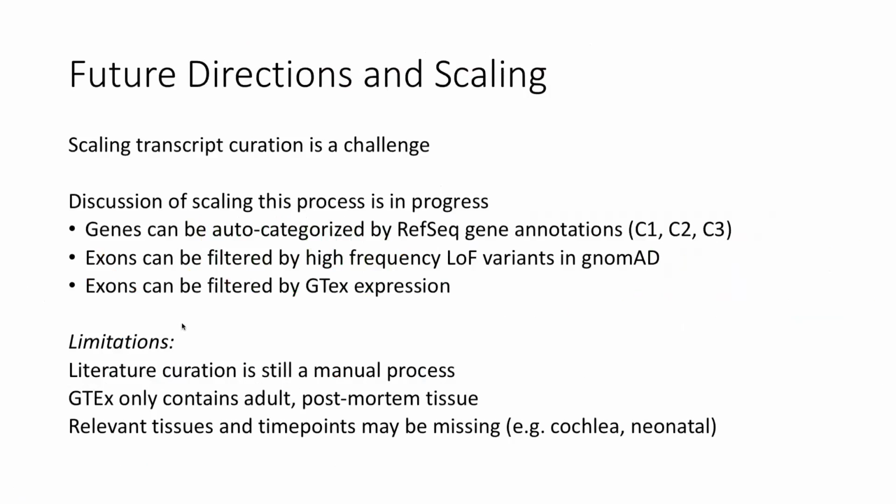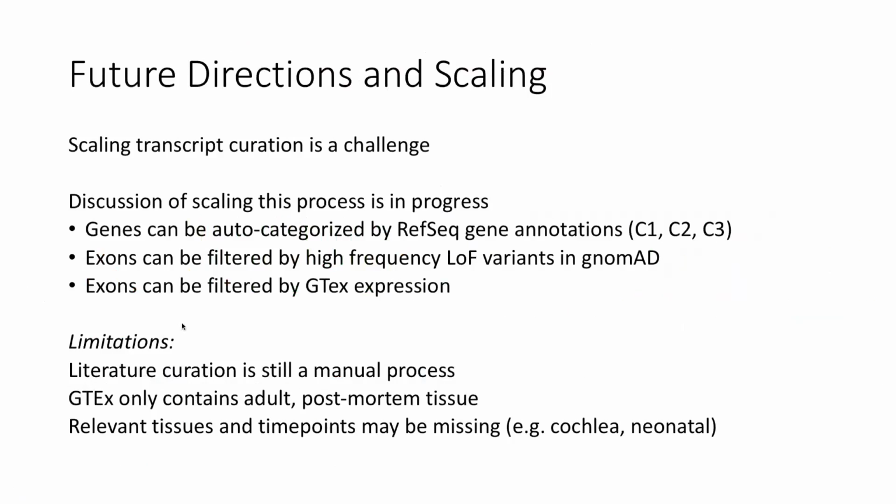And so future directions for this transcript curation effort that I did, scaling it is a challenge. It was very manual, and it would be great to do this manual of a curation effort across different disease areas, but you might be able to do some auto-categorization of category 1, 2, or 3 genes using RefSeq gene annotations, and then also maybe some automatic filtering using loss of function frequency filters from gnomAD, and also GTEx expression.